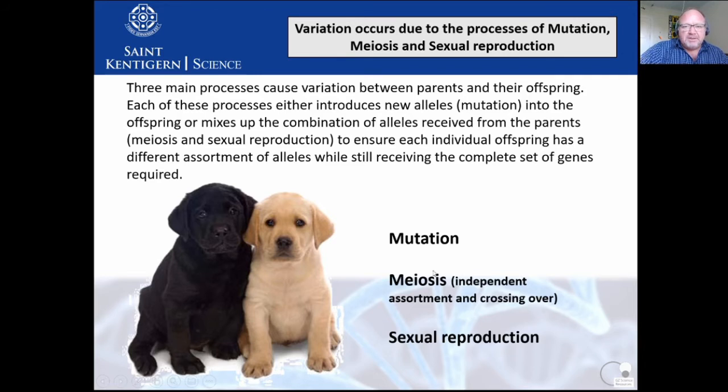So your body then mixes them up and spreads them into the eggs. And your dad, or the male sperm, same thing happens there. His parents' DNA, his parents' chromosomes are all mixed up and then distributed equally into the sperm. So consequently, every little sperm and every little egg is unique.